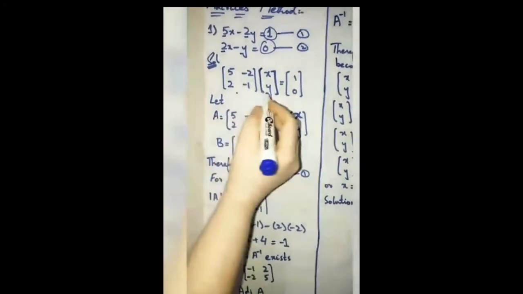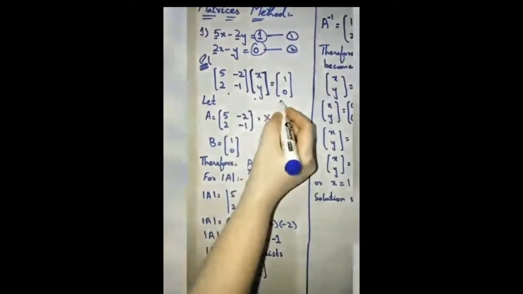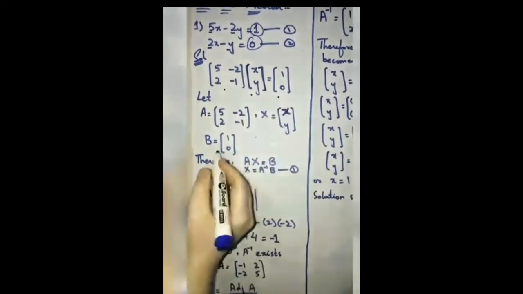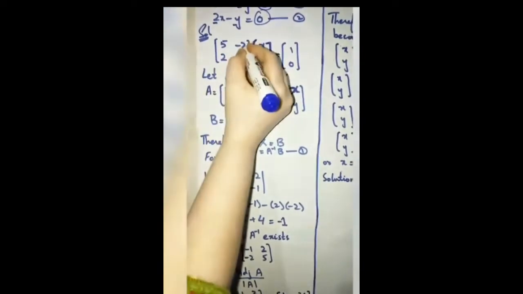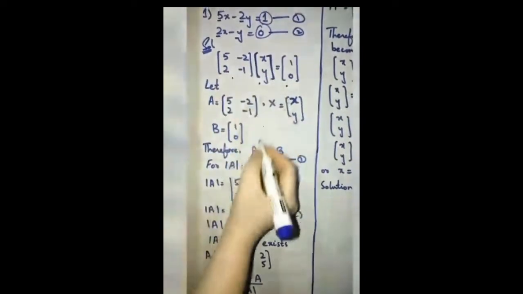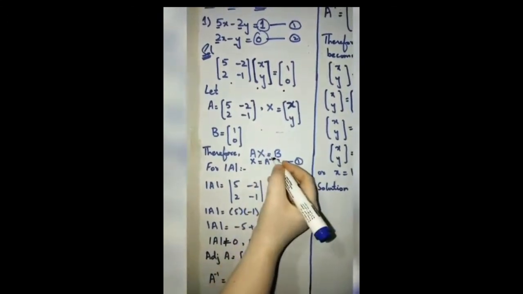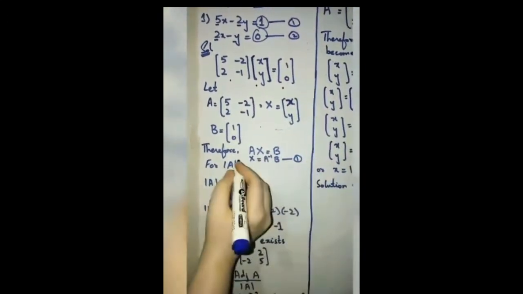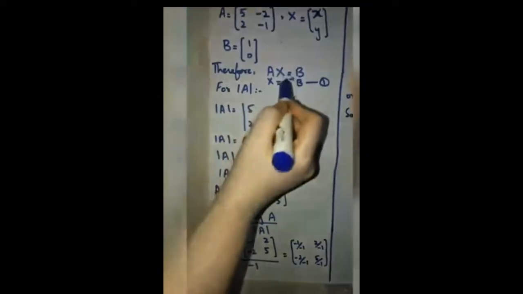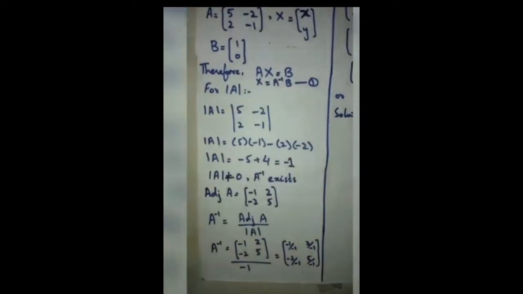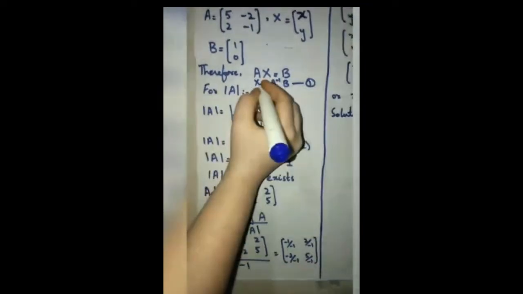Let A equal the coefficient matrix [5, -2; 2, -1], capital X equal the variable matrix, and B equal [1; 0]. Therefore AX equals B. We have the equation X equals A inverse B, because we will find the values of x and y.